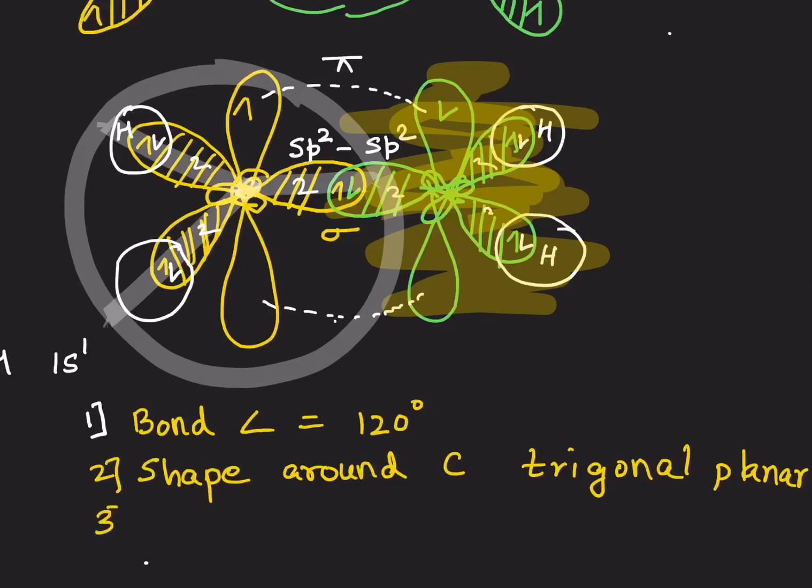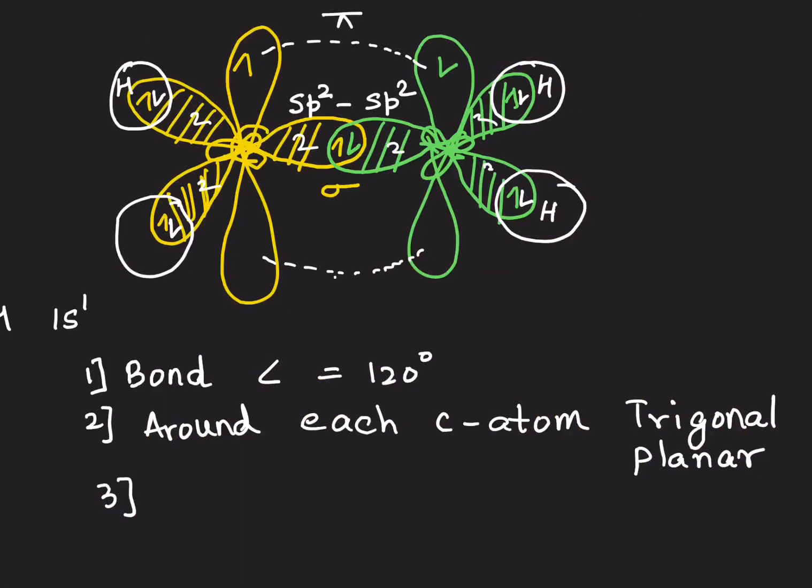What type of overlaps are there? We have now, look at it carefully. How many sigma bonds have we got over here? Now you can see the diagram carefully and tell me how many sigma bonds are there. Yes, there was one sigma bond. Sigma, sigma, sigma, sigma. You have to be very careful about what I am going to ask you.